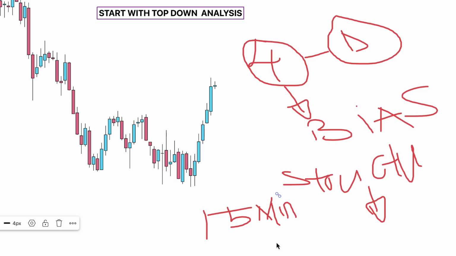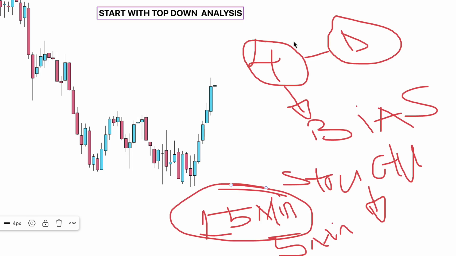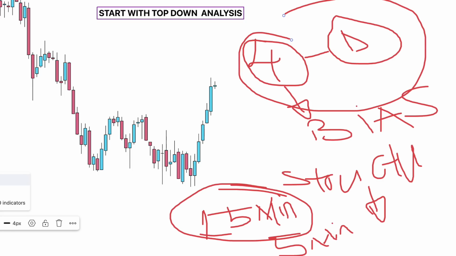Then entry can be done on 5 minutes. So your structure can be done on 15 minutes, and the big boy time frame is the bias time frame. So let's go ahead and do that.